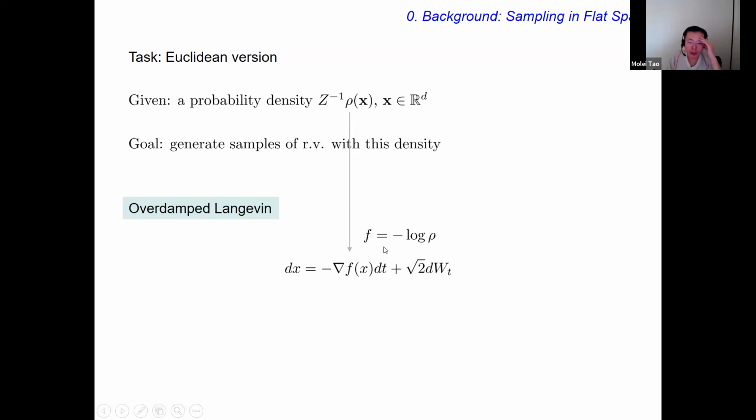The idea is, if you define the potential to be the negative log of the density, or normalized density, and then you consider overdamped Langevin dynamics, which is gradient flow plus an additional noise term, then under mild conditions, your solution will actually converge to this Gibbs distribution, which is exactly your target distribution.